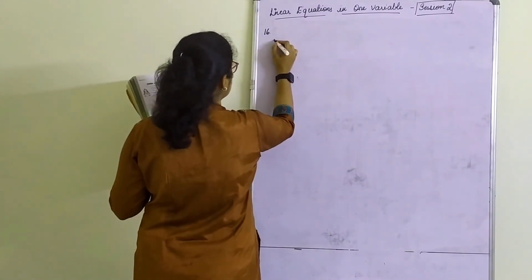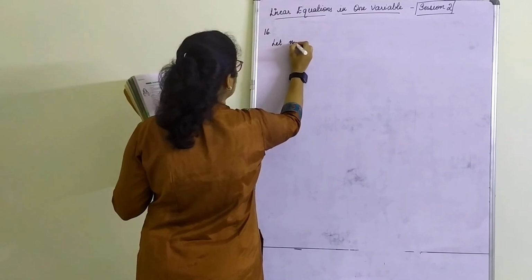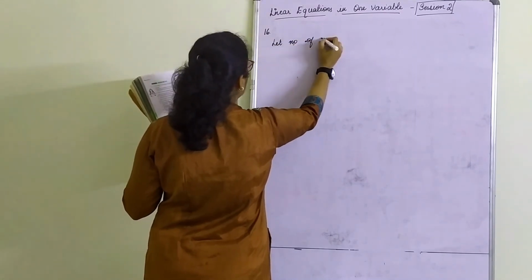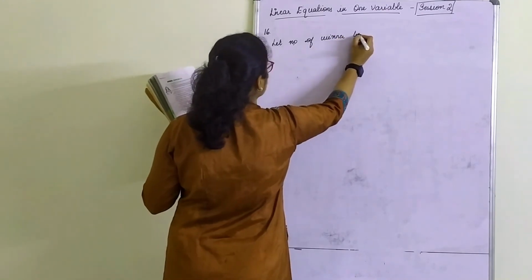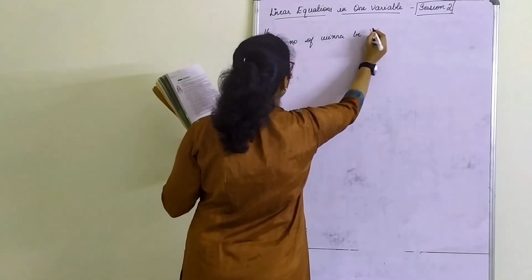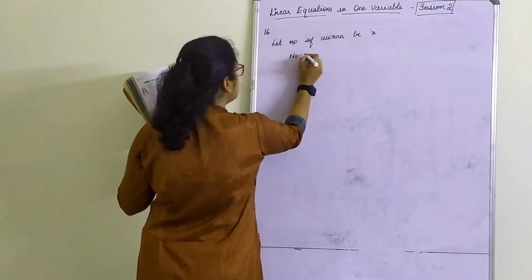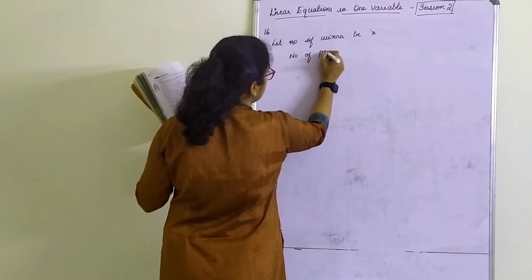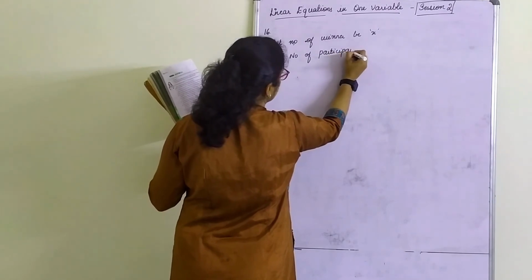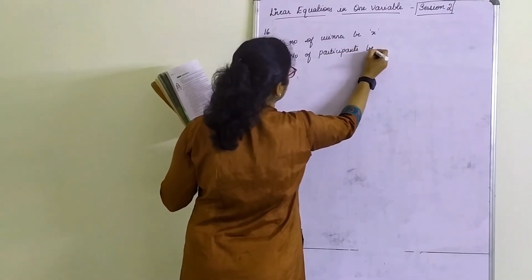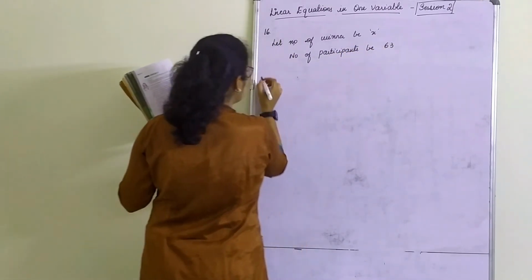So we will consider let the number of winners be x. Number of participants be 63. Correct?